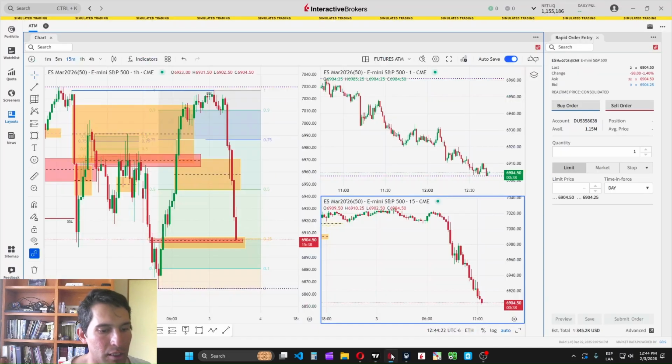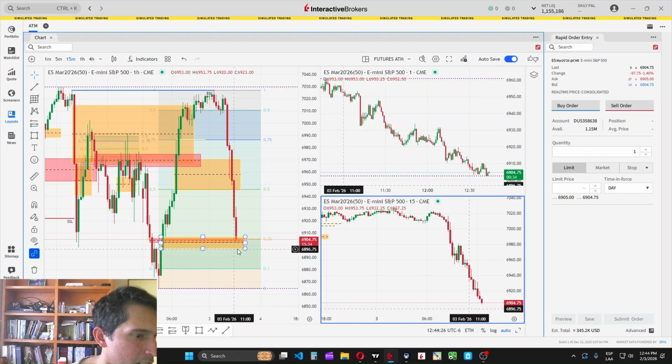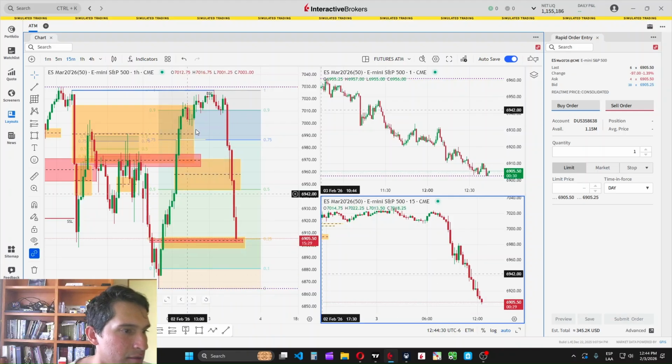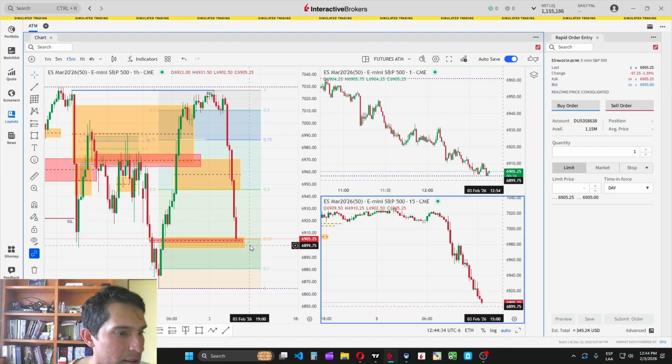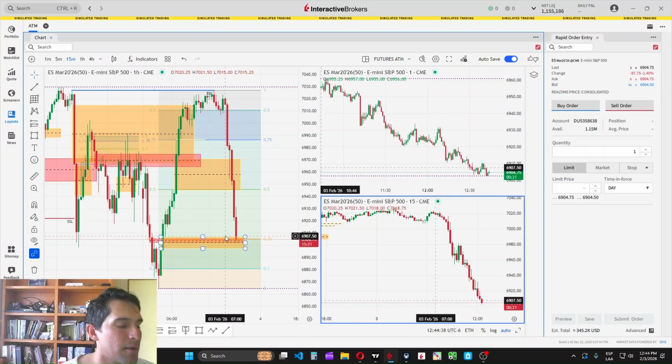So if I go to the 1 hour chart, you can see here that we are in the 75% retracement of this movement, and we are touching this fair value gap right here, and also this inversion fair value gap here.